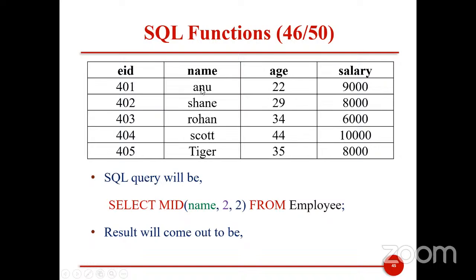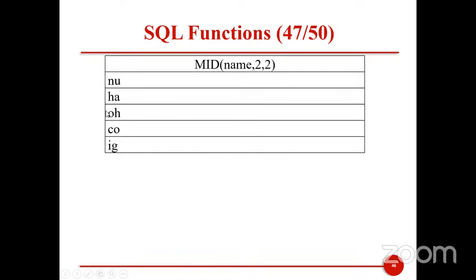Then it will display for us n. And then how many more characters? What is the length? We want only to extract 2 letters. Then it will display for us nu. Then it will display for us HM, OH, CO, and IG. So that is a simple example of where you can use the mid. You'll find that some of these functions, you'll not use them frequently, but it's better you know them.